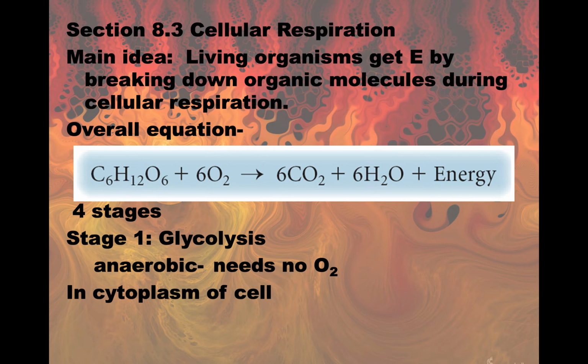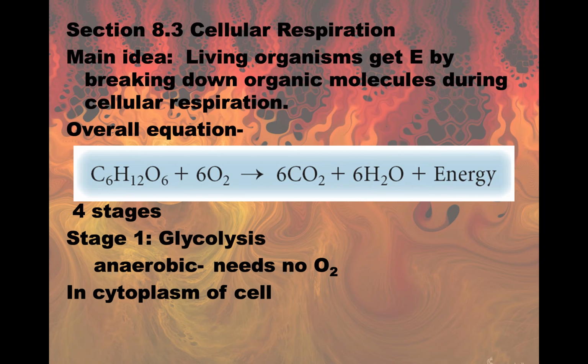The first stage is called glycolysis, and this is, strangely enough, an anaerobic process, which means it needs no oxygen to occur. Anaerobic organisms, mostly bacteria, will actually die in the presence of oxygen.